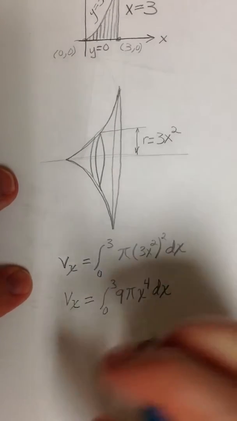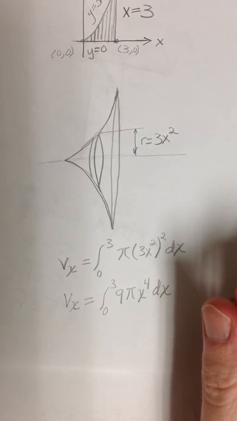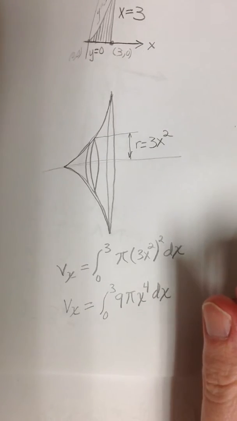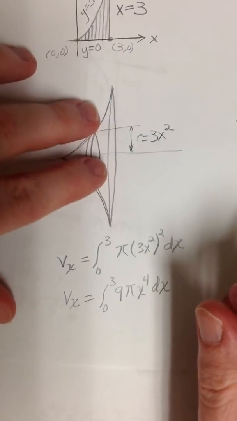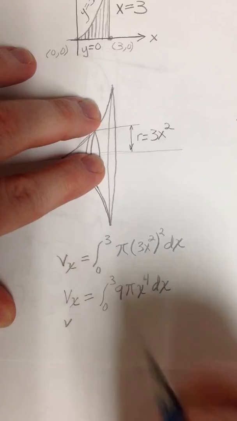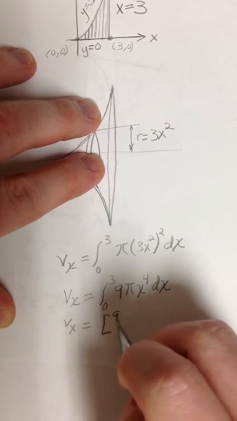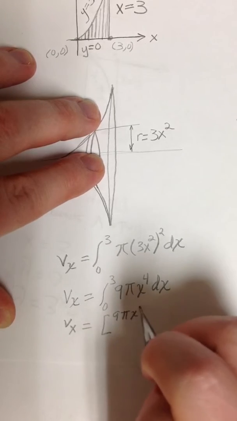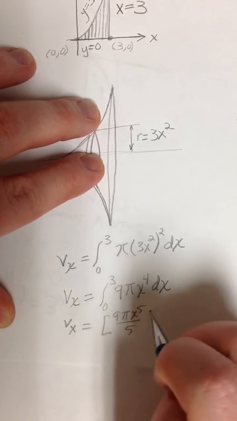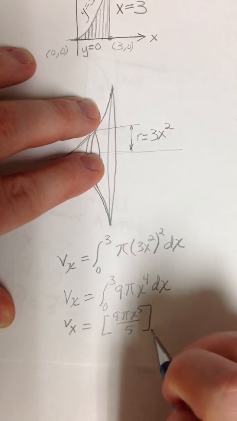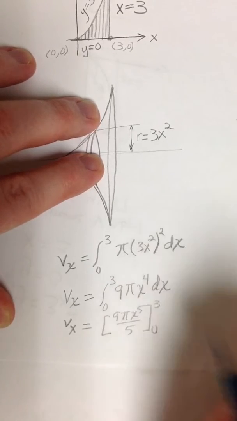And in looking at what we have for the volume of the solid, and in utilizing the power rule of integration, it's going to follow with the antiderivative 9 pi x to the 5th over 5, as x goes from 0 to 3.